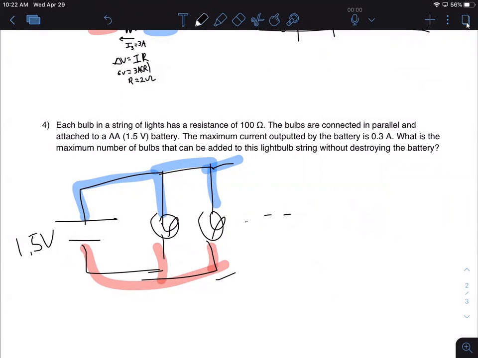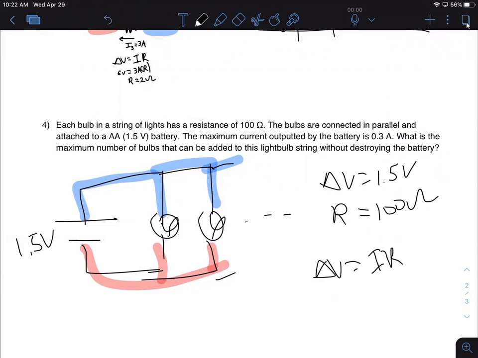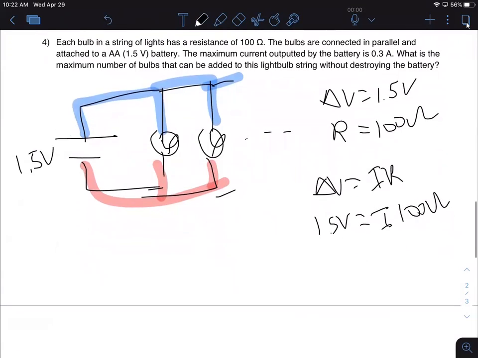So each light bulb has a delta V of 1.5 volts, a resistance of 100 ohms. So the current through each light bulb, for it to operate correctly: 1.5 volts equals I times 100 ohms. 1.5 over 100 is 0.015 amps.